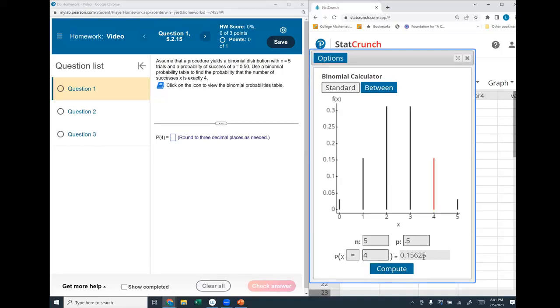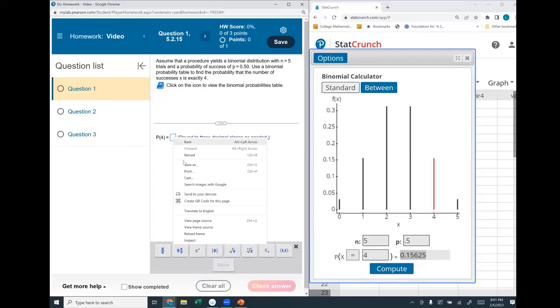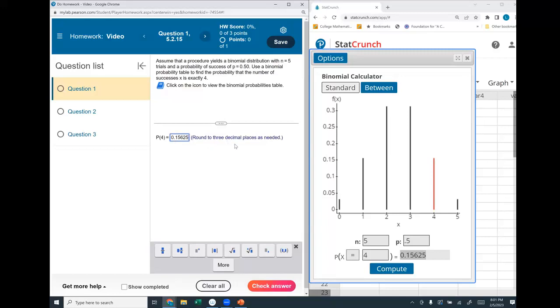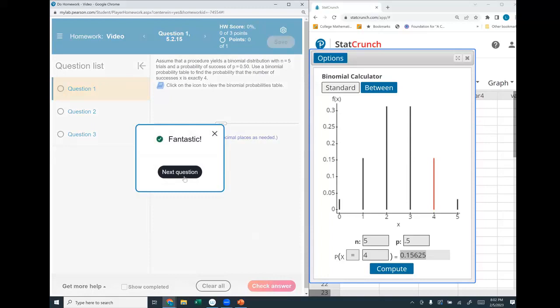Compute. So here is my probability. I'm going to paste it in here. And it says round to 3 decimal places. So 0.156. I'm going to erase that and enter it, and check answer. See, that's it. Easy enough.